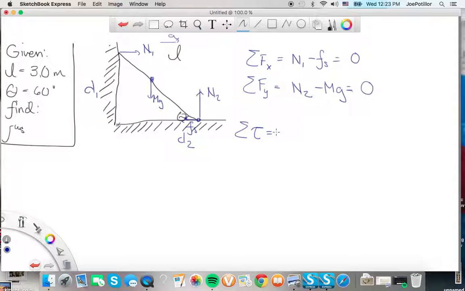Our point of axis is going to be the center here. So this is our axis of rotation. I defined it right here. So a half distance here, so one half.